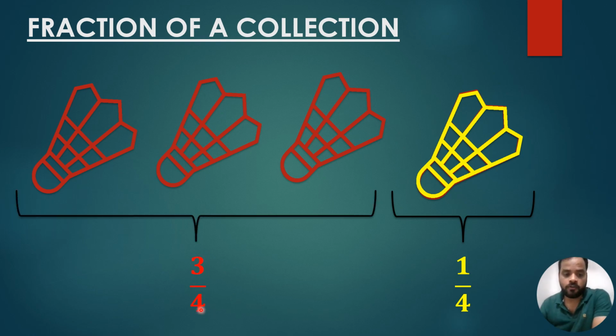This 4 is the total number of corks, this 1 is the yellow one, and this 3 represents the red ones.